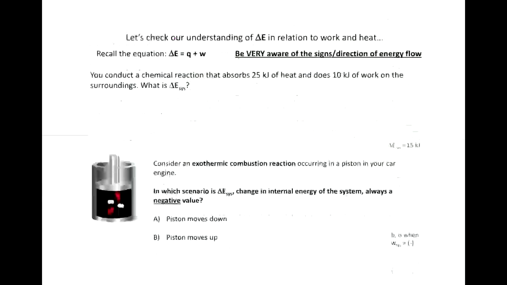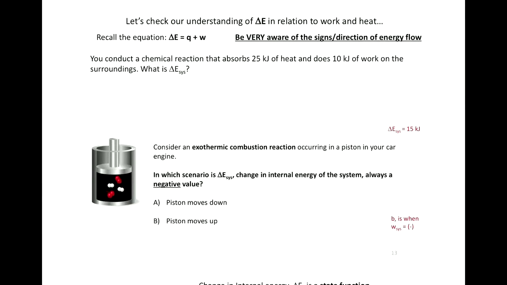Okay, let's put it all together and make sure we get these signs right. Put yourself in the situation of your system. Remember, change in internal energy equals heat plus work for your system. So let's say we have a reaction and it absorbs 25 kilojoules of heat and does 10 kilojoules of work on the surroundings. What is delta E, or change in internal energy?